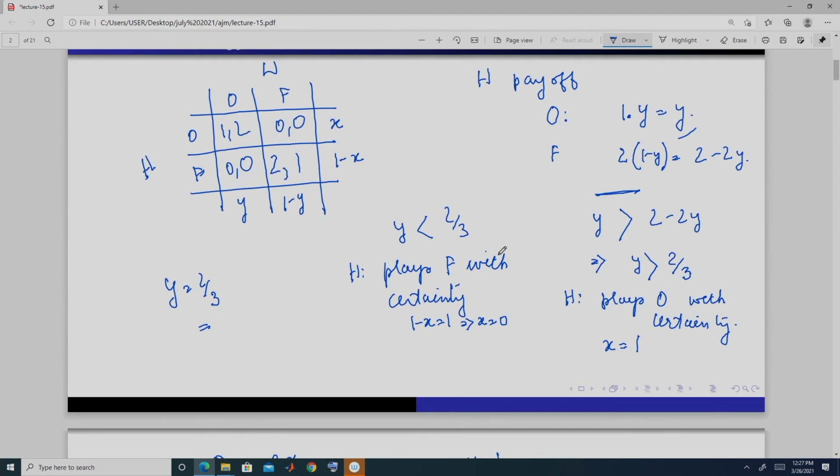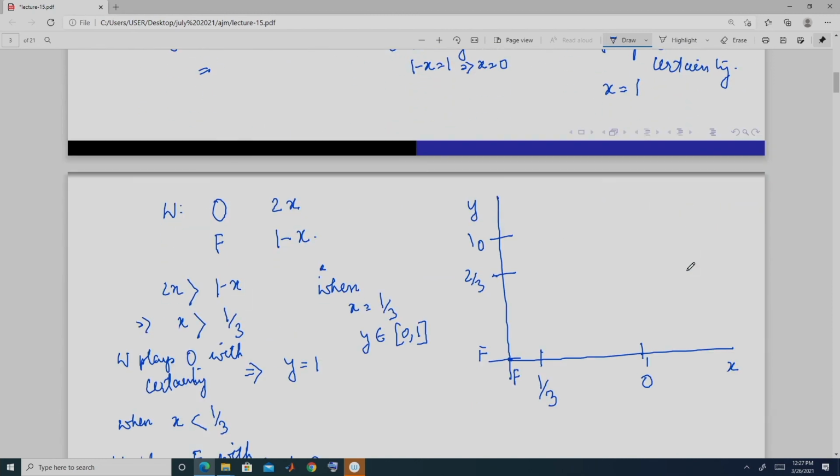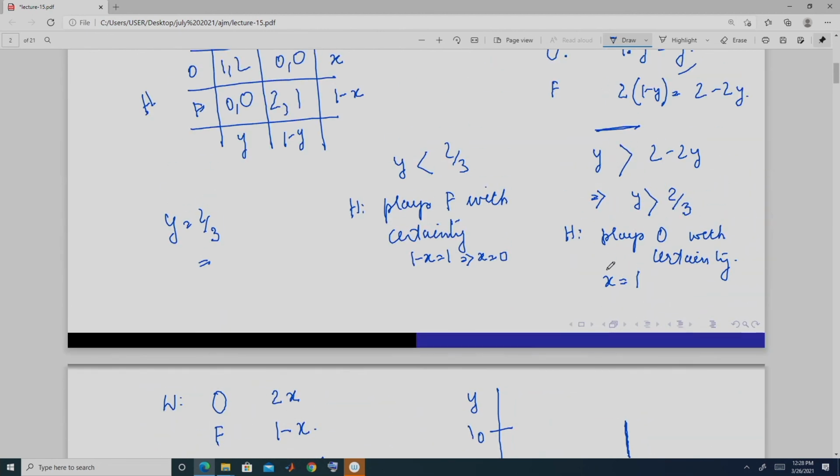From this argument, if y is greater than 2/3, when y is lying here, then x takes value 1 because it plays O with full certainty. And when y takes value less than 2/3, it plays F with certainty.